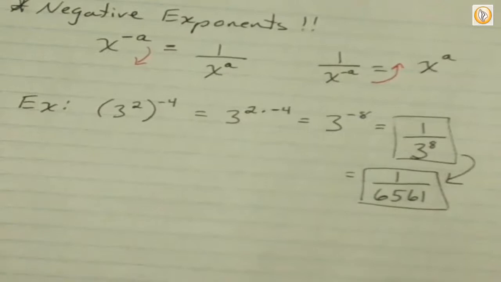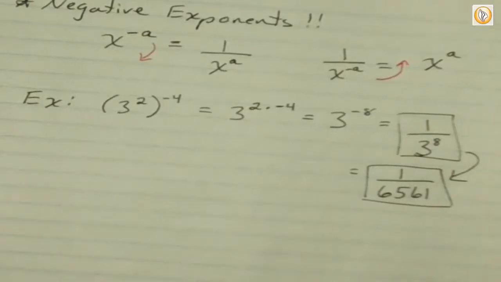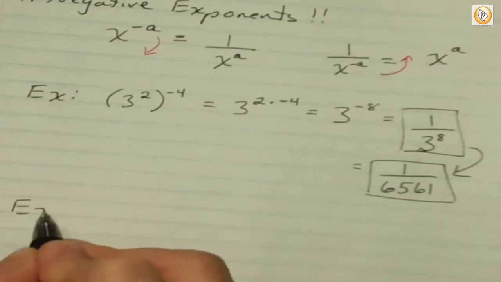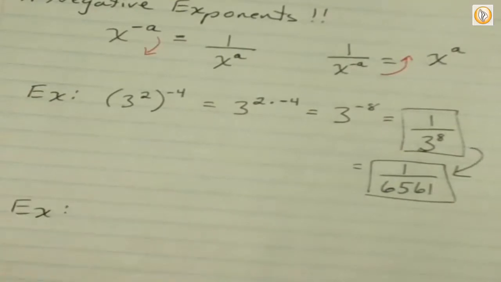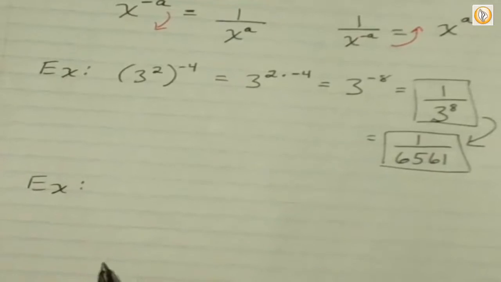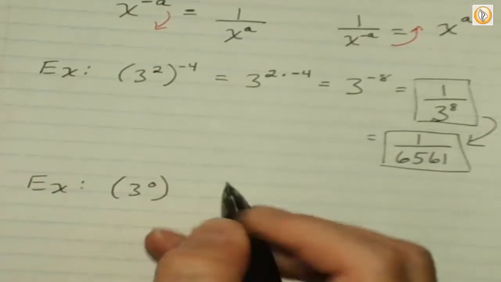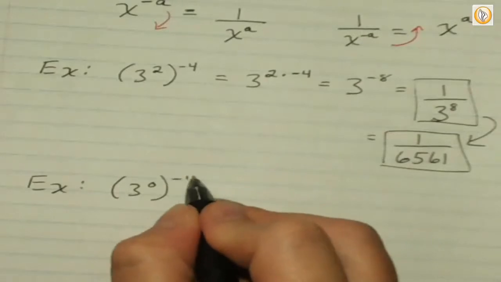That would be the actual answer. Do y'all understand this? Okay. Let's do another. What if I have 3 to the power of 0 to the power of negative 4?